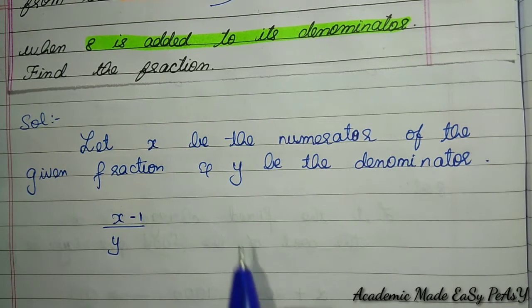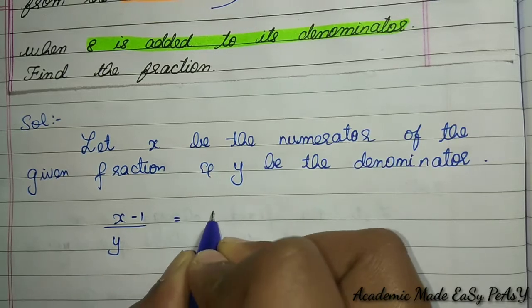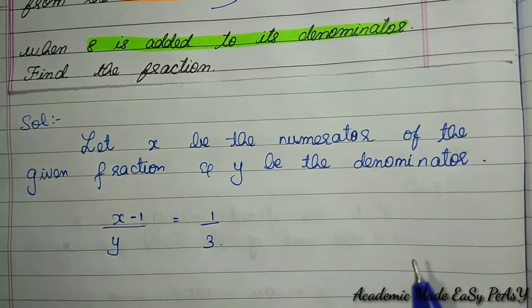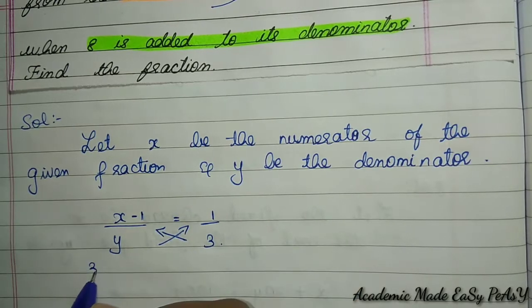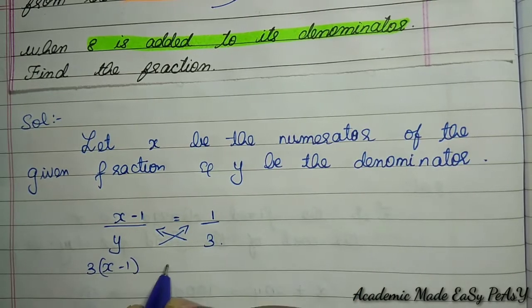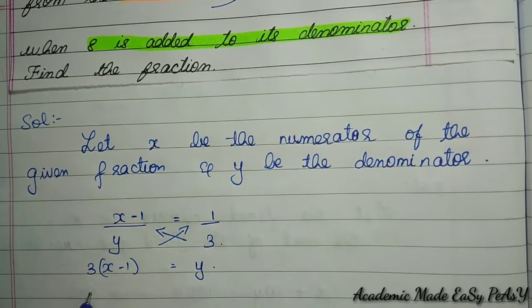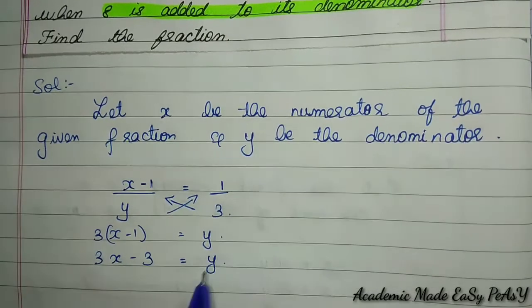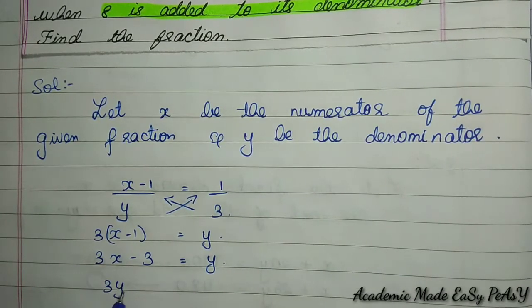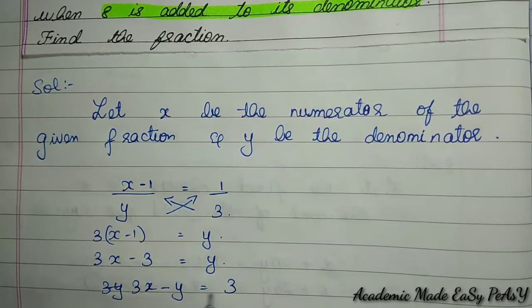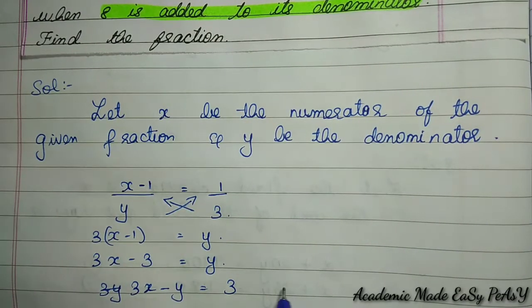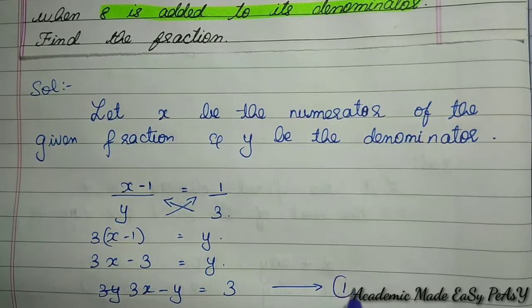There is no change in denominator, which is equal to 1 by 3. So now I will be cross multiplying. So 3 into x minus 1 is equal to y. So 3x minus 3 is equal to y, and 3x minus y is equal to 3. I took variables on one side and numbers on one side. So let this be equation 1.